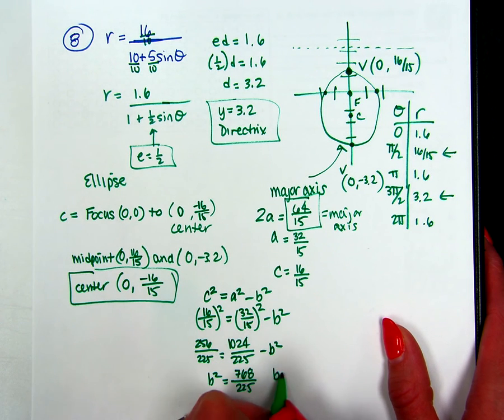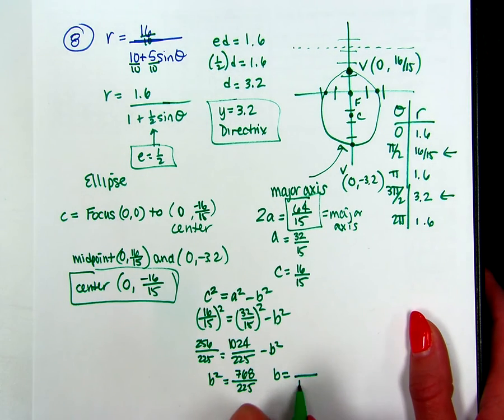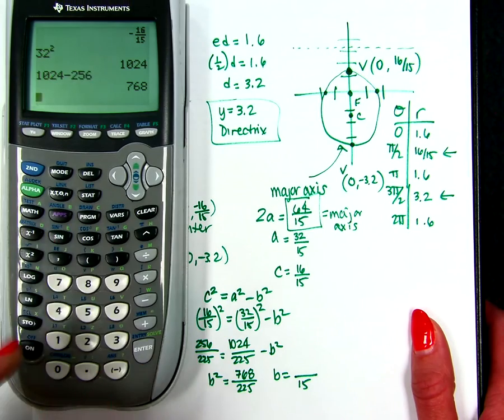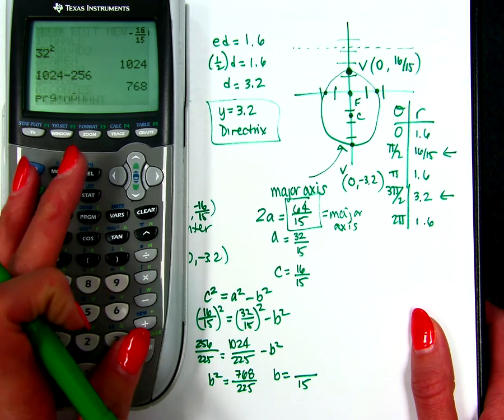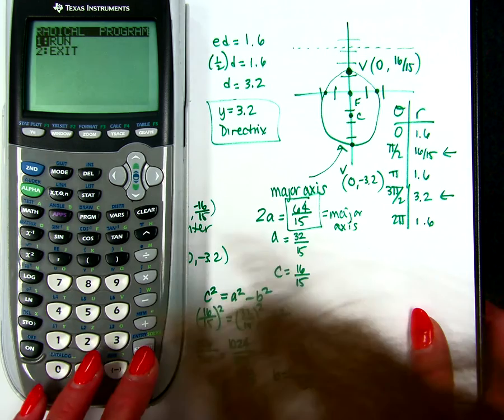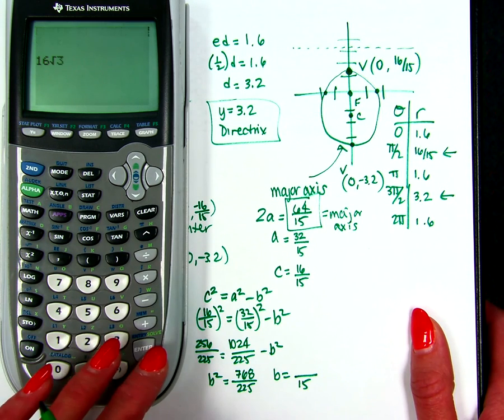So now I have to take the square root of that. So the square root of 225 is 15. The square root of 768, I'm going to run my a quad program, and my radical is 768. So 16 root 3.